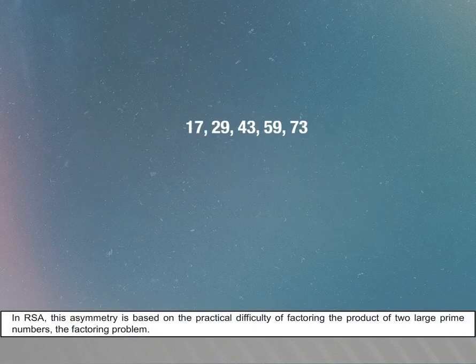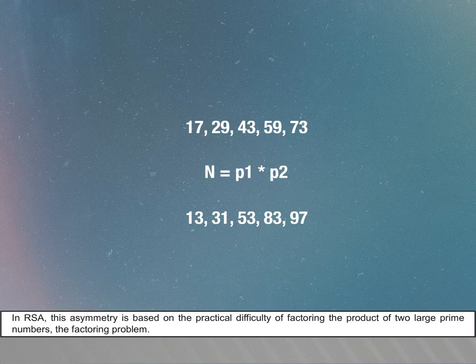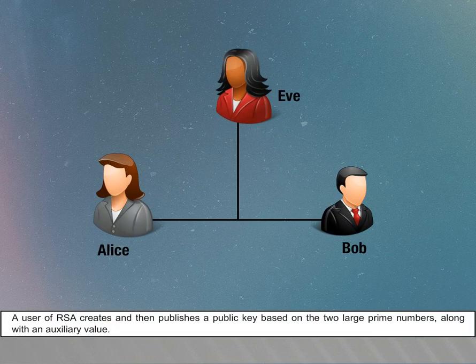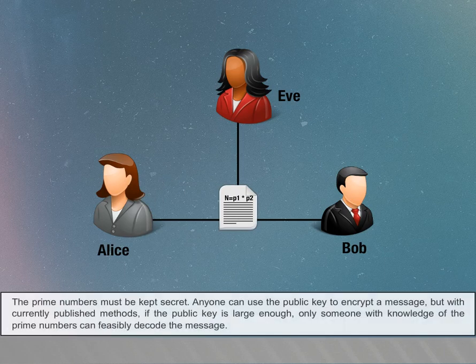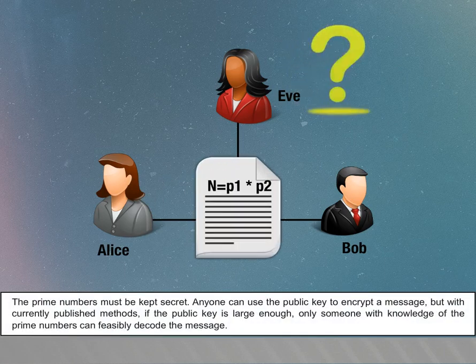In RSA, this asymmetry is based on the practical difficulty of factoring the product of two large prime numbers, the factoring problem. A user of RSA creates and then publishes a public key based on the two large prime numbers along with an auxiliary value. The prime numbers must be kept secret.